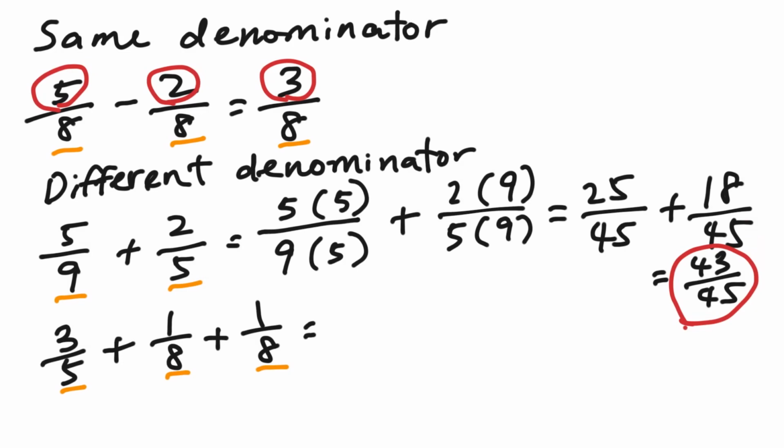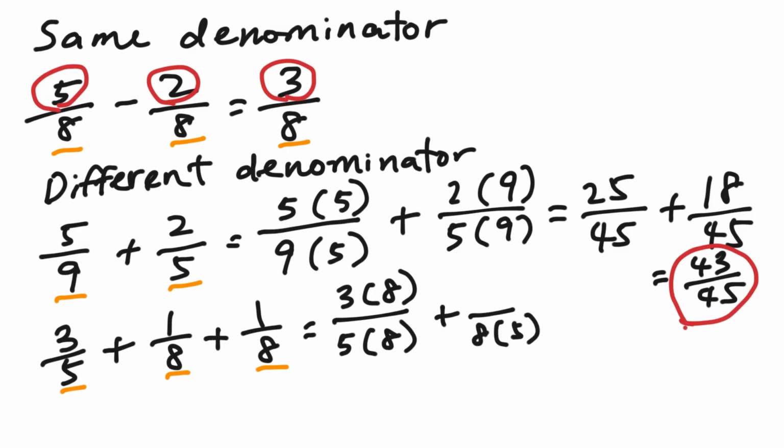By looking at this question, we can tell that we can make the denominator 40 for all 3 of the fractions. So what we'll do is we'll take the 5, times that by 8, and do the same to the top. The second one, 8, we need to times by 5, and the top we need to times by 5. And the last one will be the same.